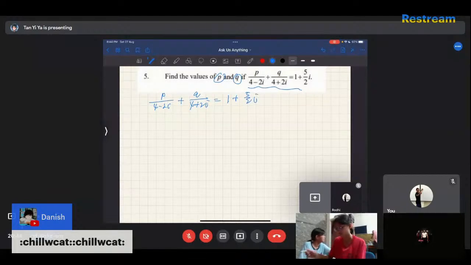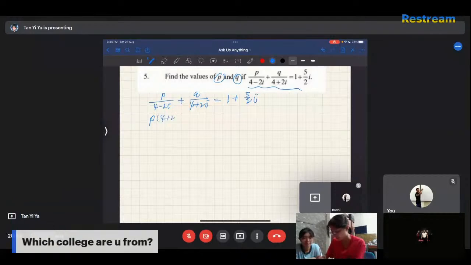We have to find the real number and also the imaginary number from this equation. Okay, so the denominator can be combined.